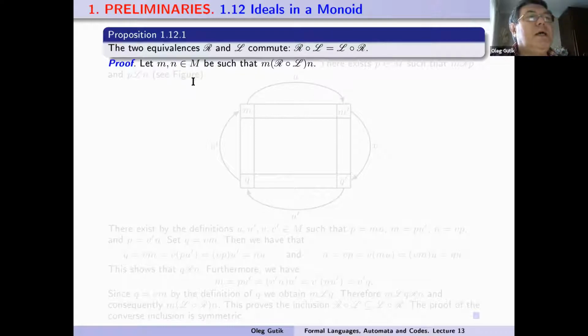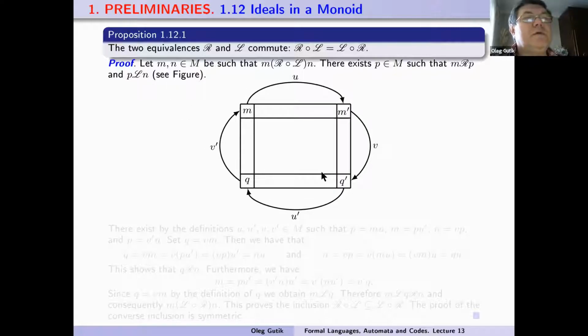Let m and n be elements of the monoid M such that (m, n) belongs to the relation R composed with L. So there exists p from M such that m R p and p L n.